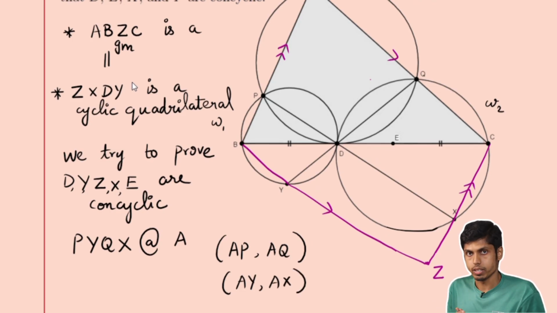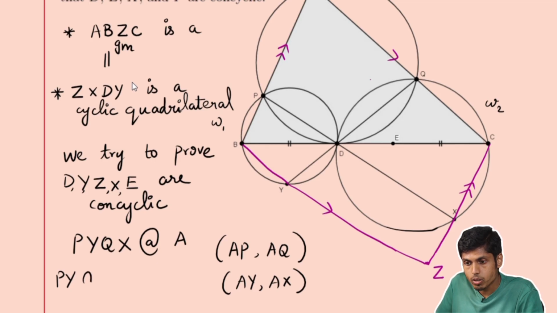What about the third pair? The third pair will be considered by the line joining A to the point of intersection of opposite sides of the quadrilateral PYQX. The opposite sides intersections will be PY intersection QX, and then PX intersection QY. Well, PX intersection QY is simply D.